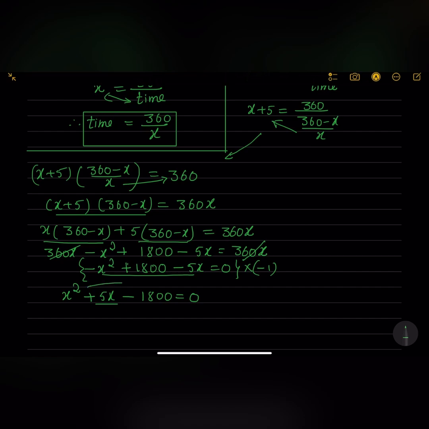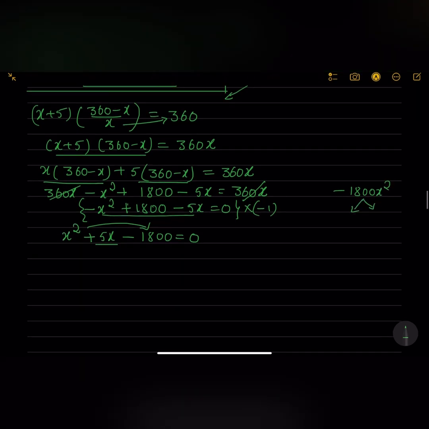If you multiply the last two terms, we will get minus 1800 x square, and if we add or subtract, we have to get plus 5. So the terms are 45x and 40x. This is minus and this is plus because this is plus 5x. So the bigger number should get plus.